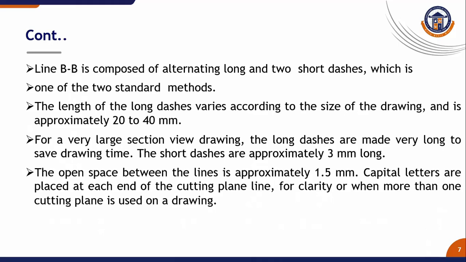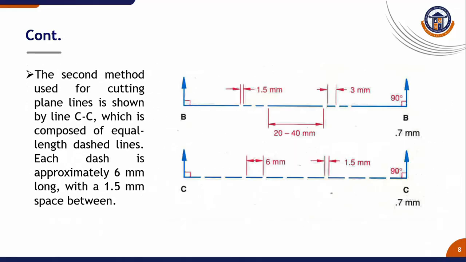The short dashes are approximately 3 mm long. The open space between lines is approximately 1.5 mm. Capital letters are placed at each end of the cutting plane line for clarity or when more than one cutting plane is used on a drawing. This is the image of cutting plane lines.